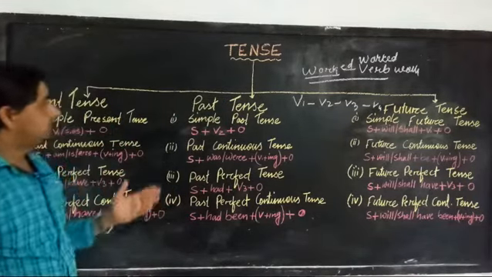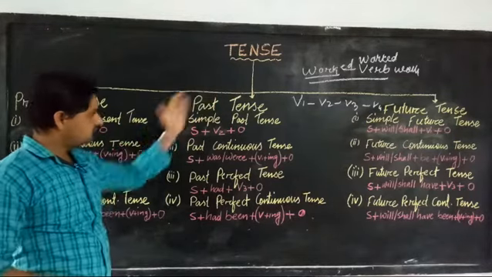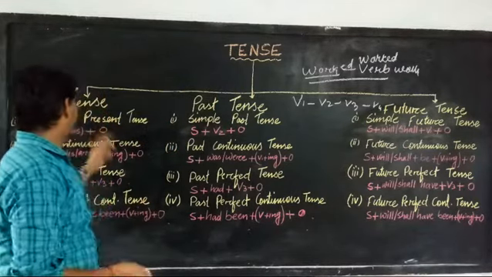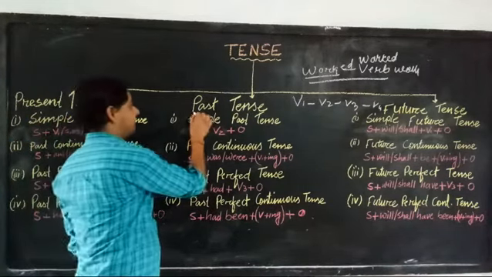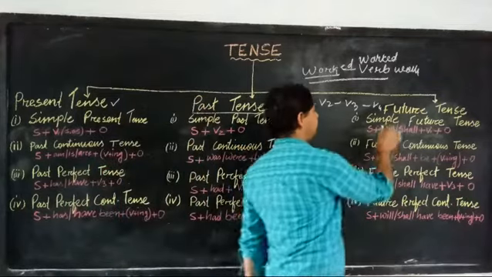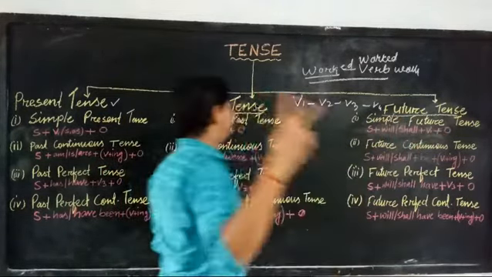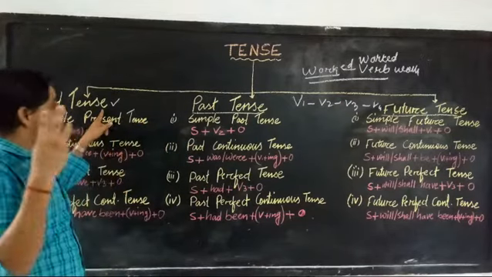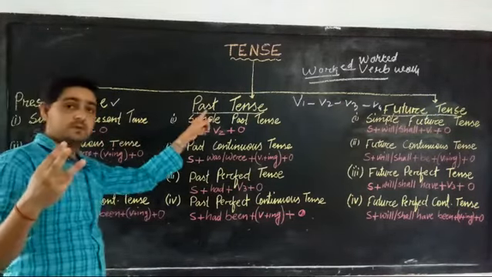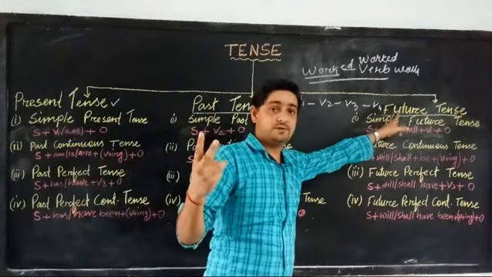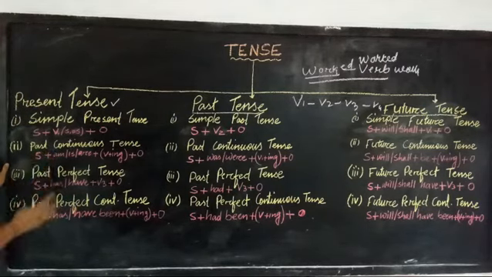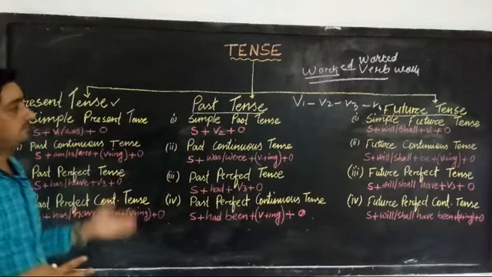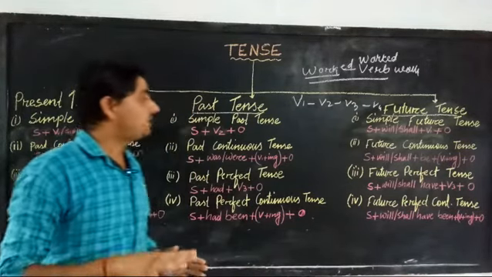There are three main tenses. First we have the present tense, the second the past tense, and the third the future tense. Then under each main tense there are again four sub tenses.